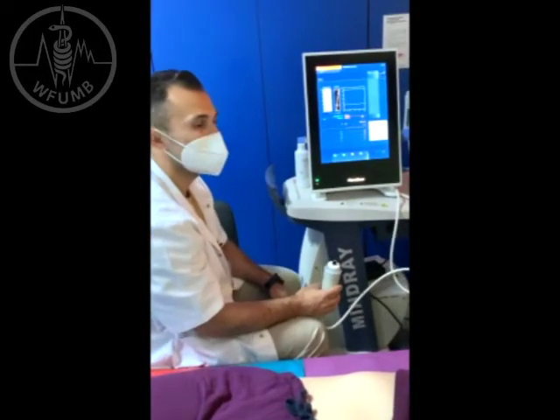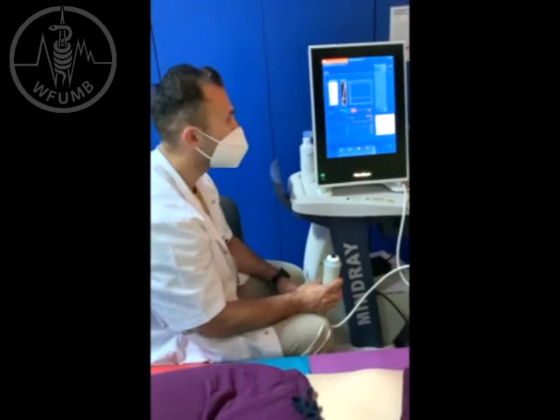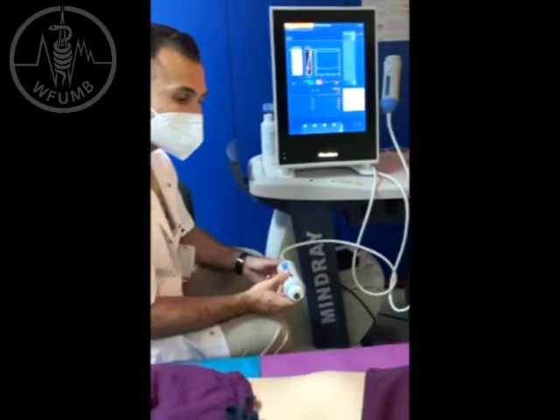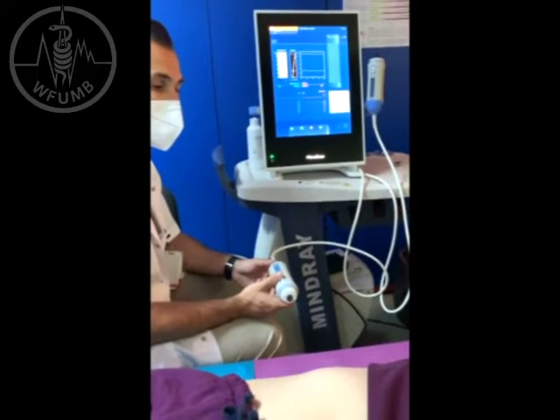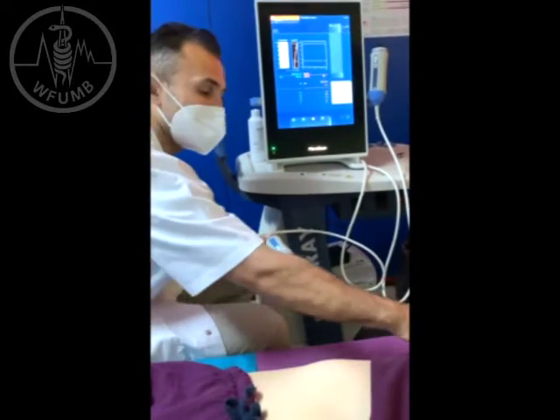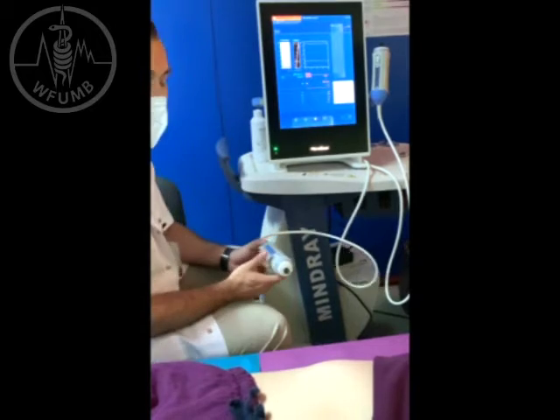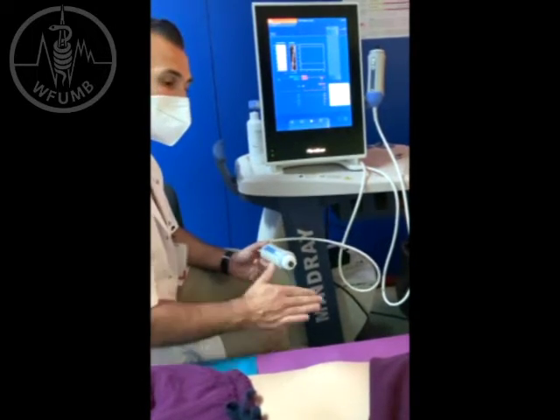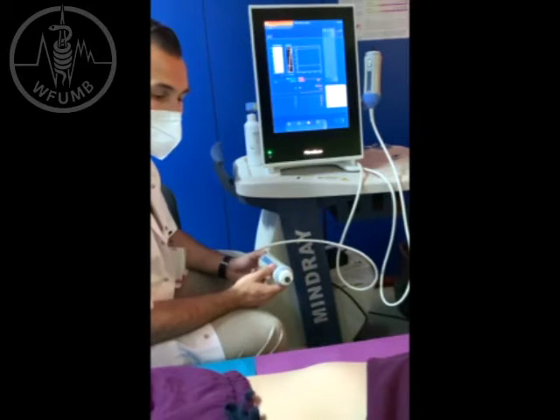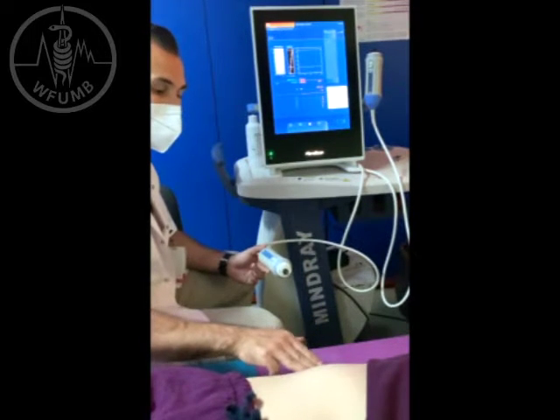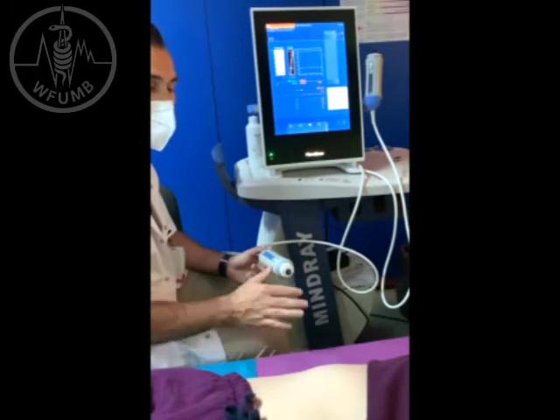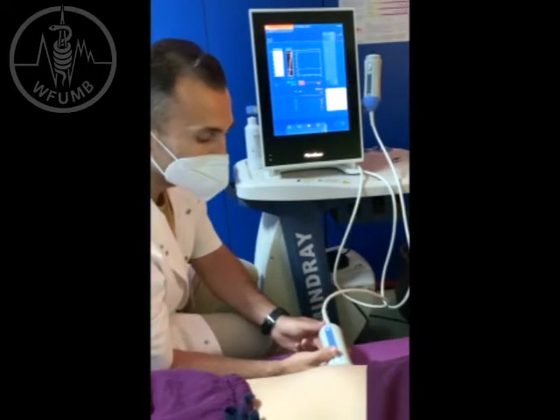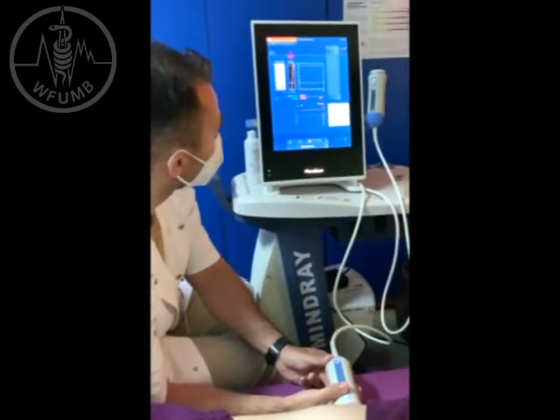So, with the patient positioned in decubitus, we perform the examination using as a guide the mid-axillary line of the patient. So, in an intercostal space along this line, usually maybe 3 centimeters above the rib cage, we position the probe.